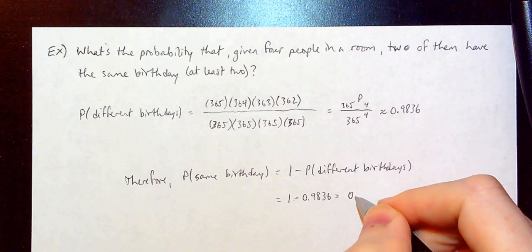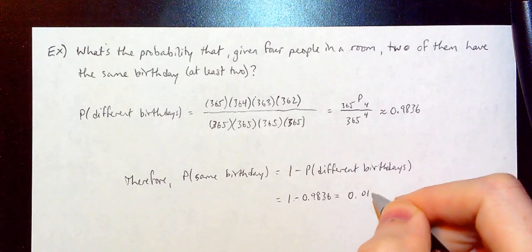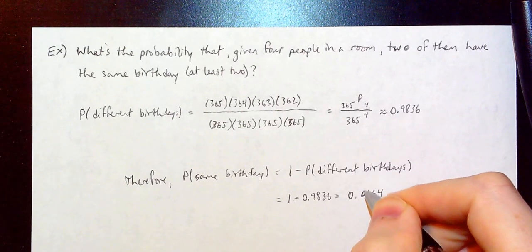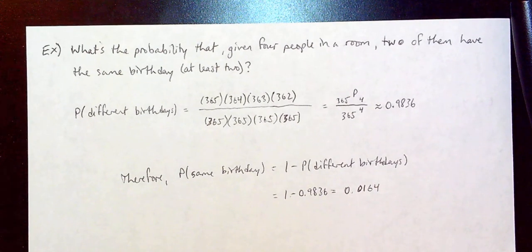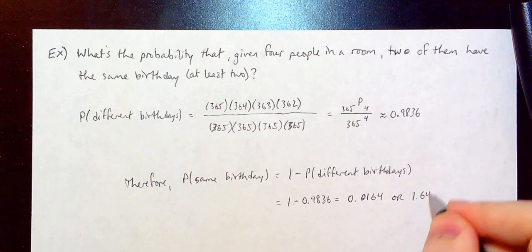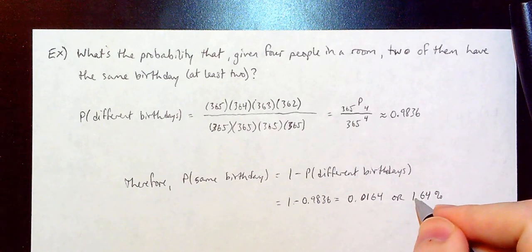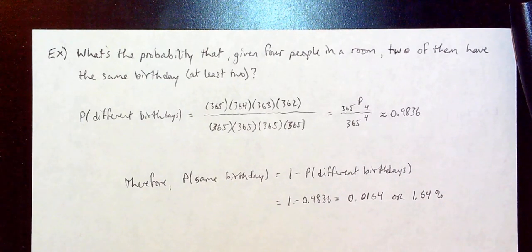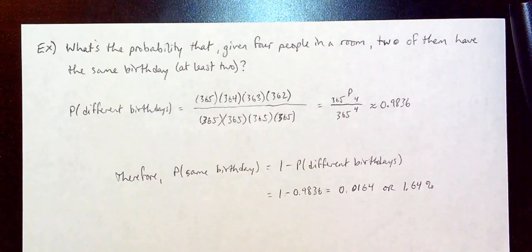That is 0.0164, or 1.64%. So that is your probability that at least 2 people in the room will have the same birthday.